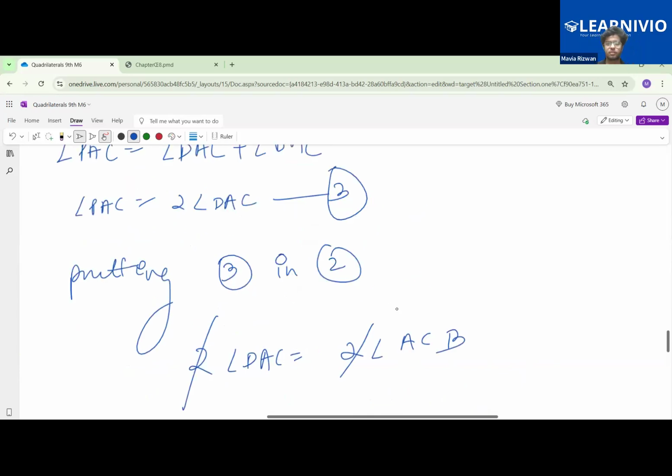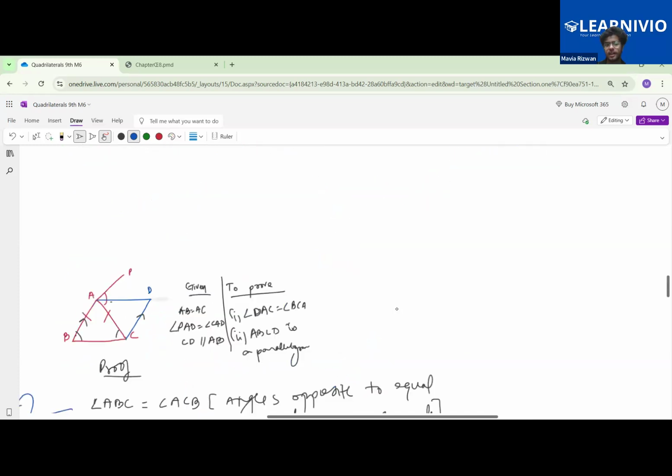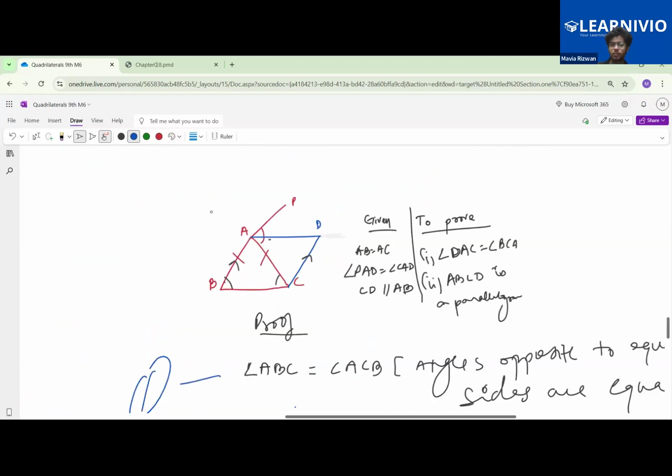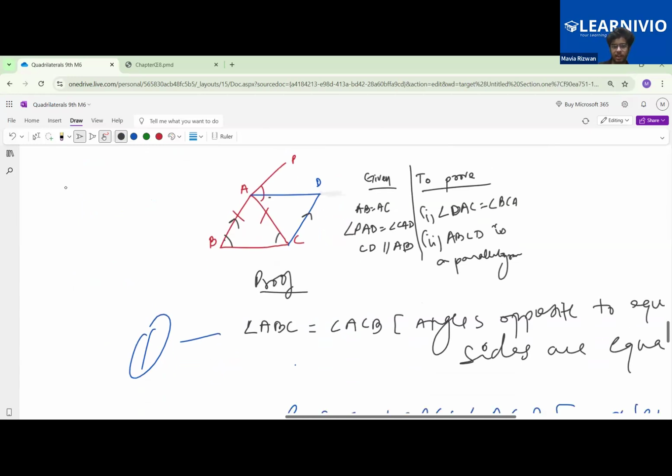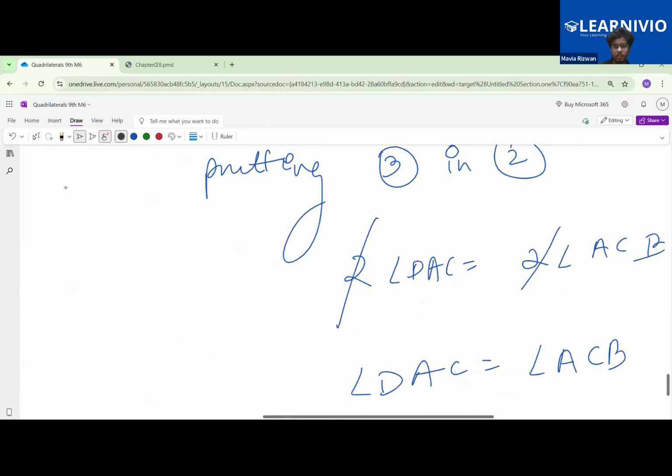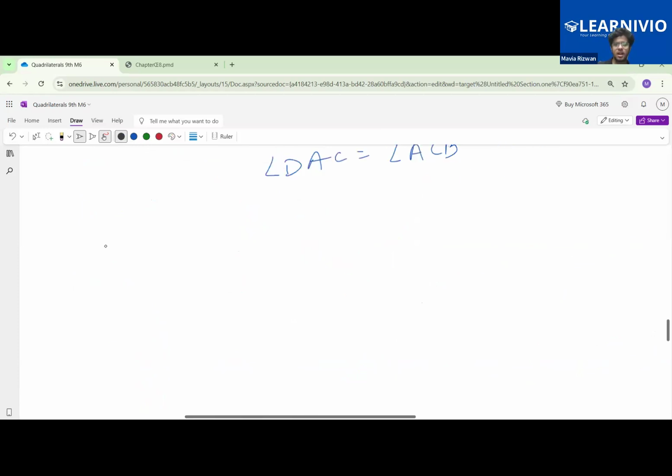Now, if these two are equal, they are alternate, because we just proved these two as equal. So if I prove them to be equal, they are actually alternate interior angles. Angle PAC and angle ACB are alternate interior angles.